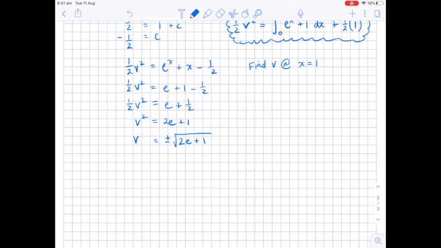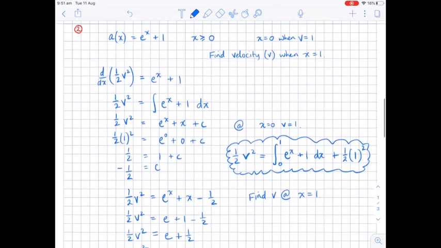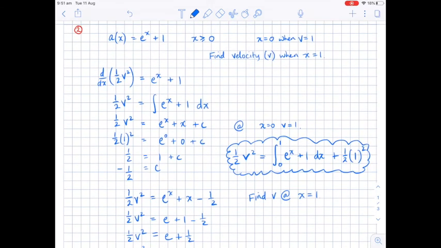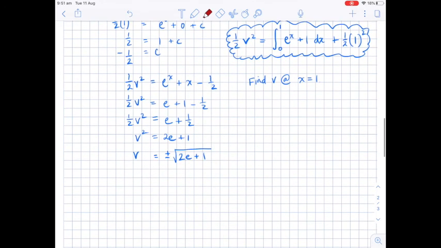I want to now consider if we know that acceleration is given by e to the x plus 1, and my value for x is greater than 0, then that means my acceleration is always going to be greater than 0. And if my acceleration is greater than 0, I'm going to be getting faster and faster, and it's in a positive direction, so my velocity must also be greater than 0.